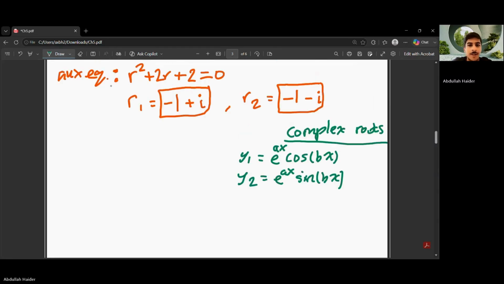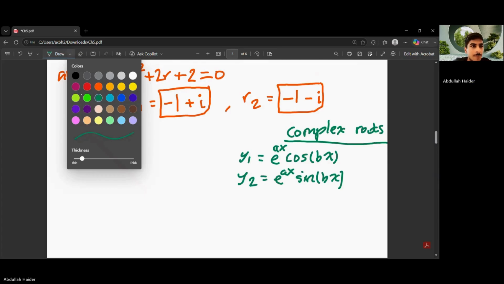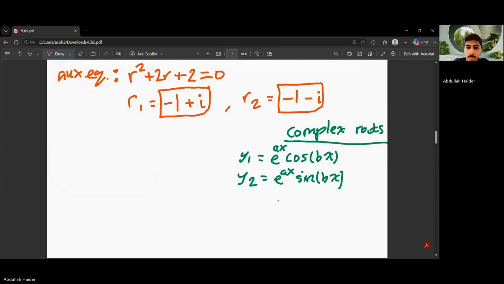So in this context, a is the real part and b is the imaginary part.